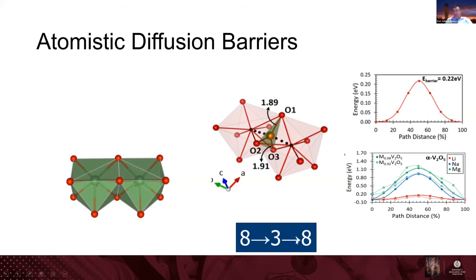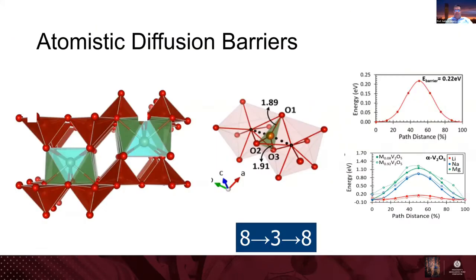So very large changes in coordination environments. And the need to break a lot of bonds results in a relatively large barrier for lithium ions, and really very, very large barriers for other sorts of ions if you're trying to go beyond lithium ions. So that's one problem. The ionic diffusion barriers are very large.